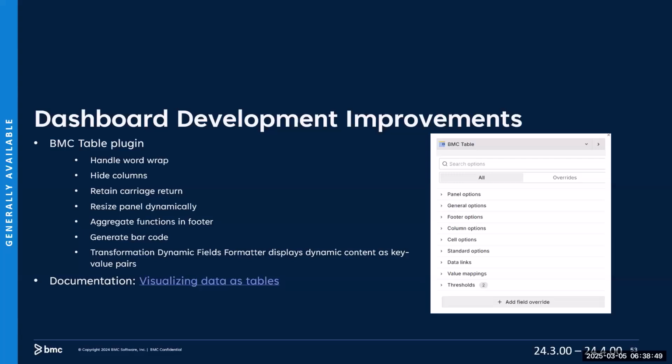A recent innovation here is the ability to generate barcodes, especially if you want to generate barcodes based on serial number or other attributes of assets. You can use this plugin to generate those barcodes, print those stickers, and stick those stickers on those assets.